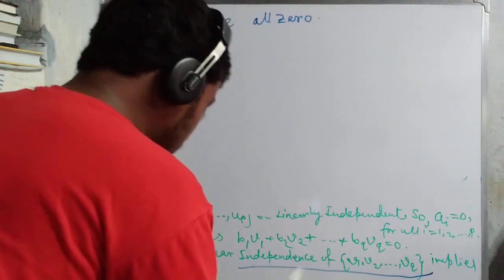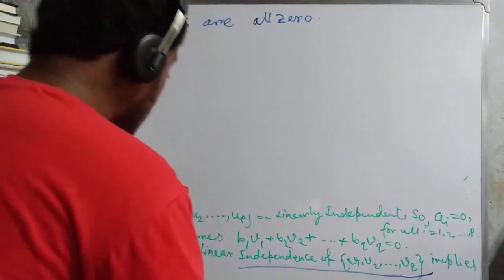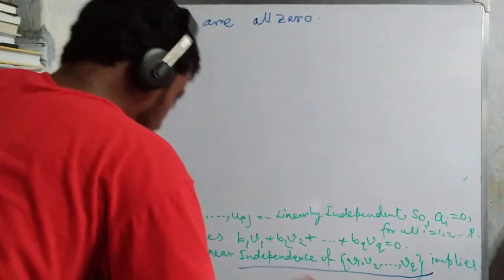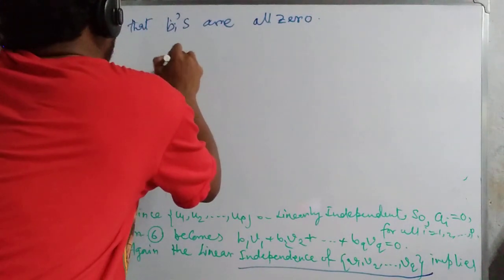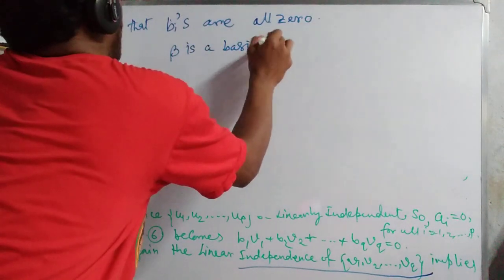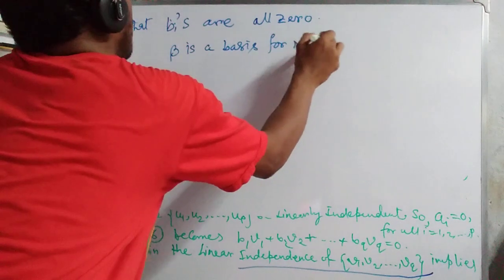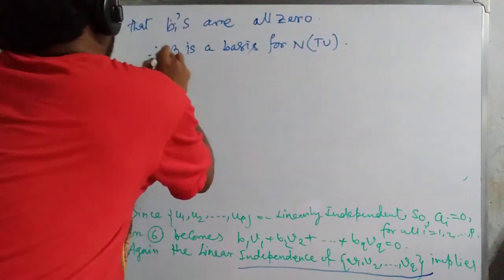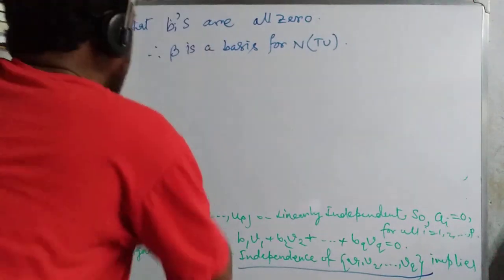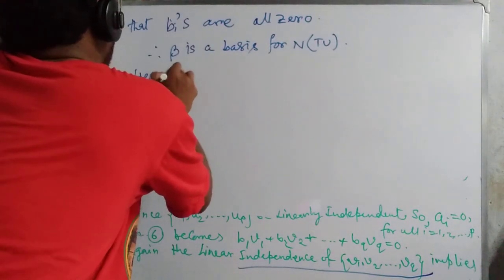Then obviously beta is a basis for N of TU.